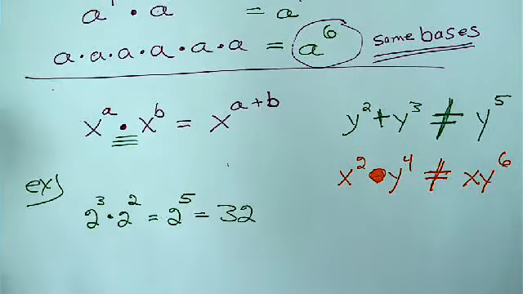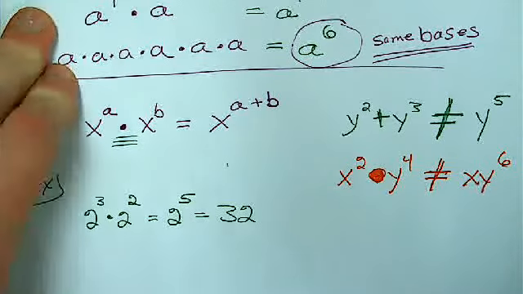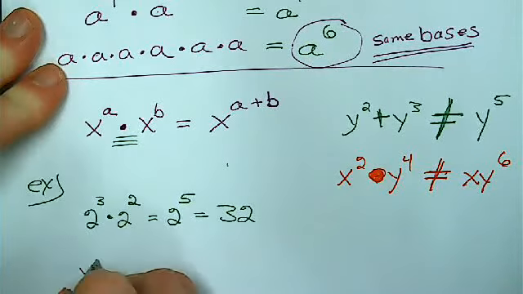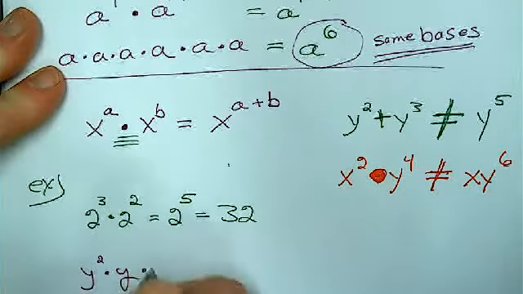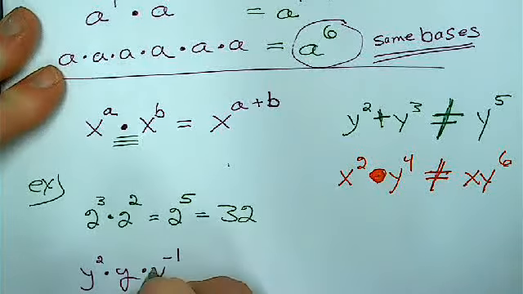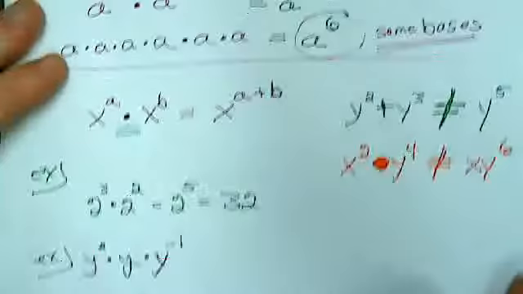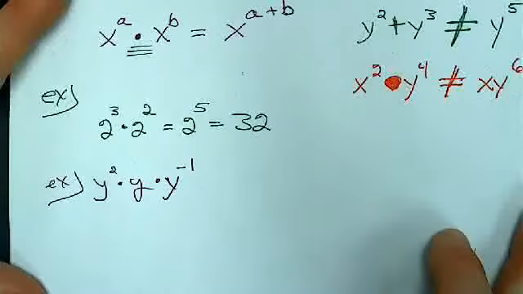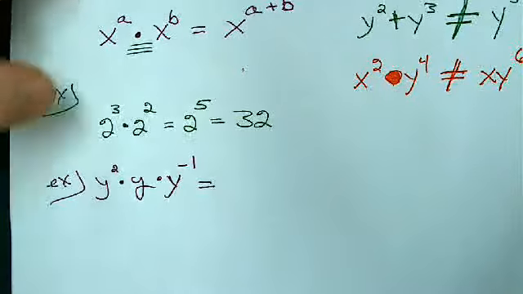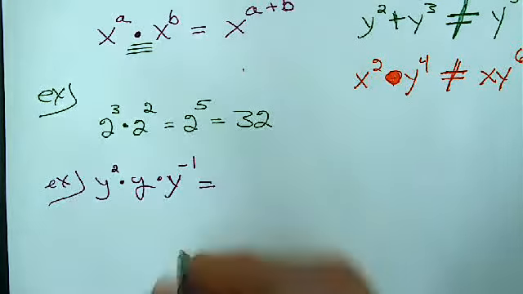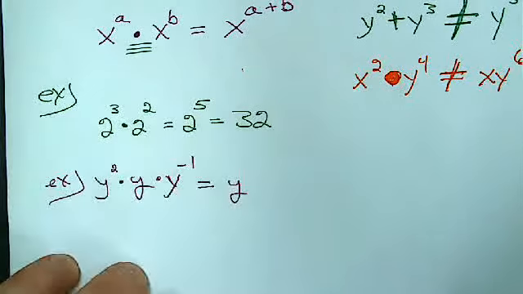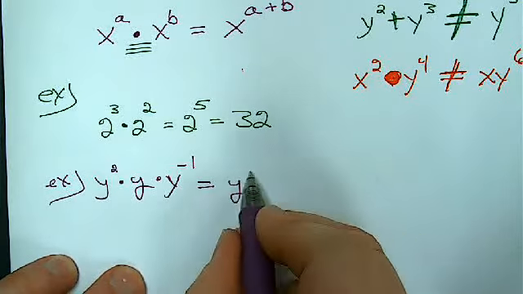You'll also see a lot of these in the context of variables. So something like this. This is one of the ones the book uses. Y squared times y to the negative 1st. Now there's a temptation to want to shift stuff up and down. Don't do that at first. Save that for a little bit later. If I go down all my y's and add up my exponents, what am I going to add right here?